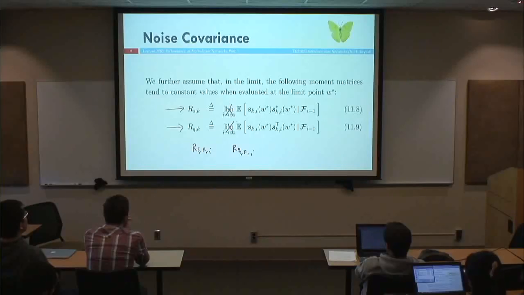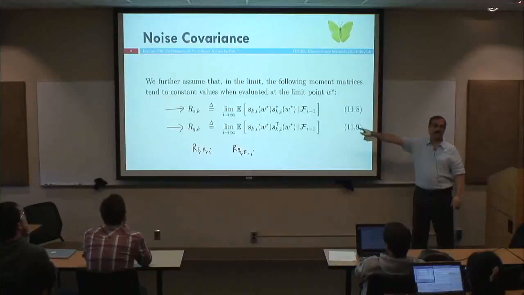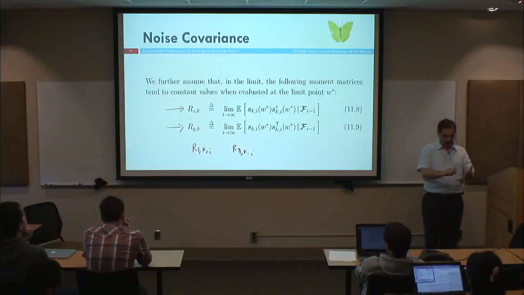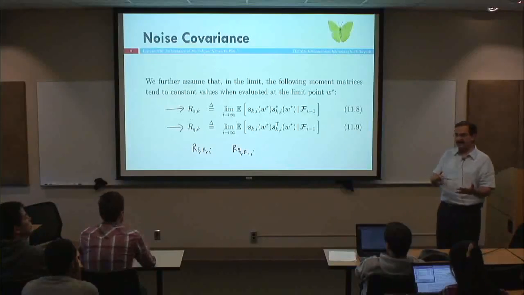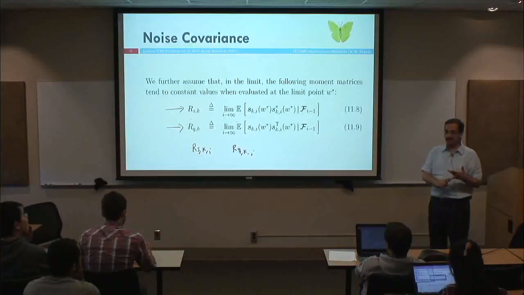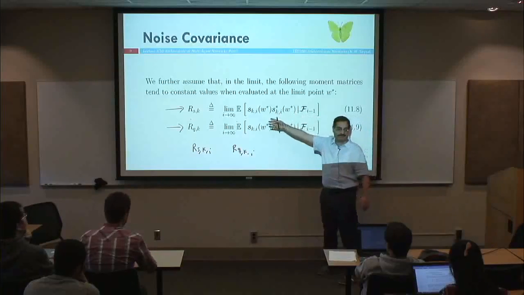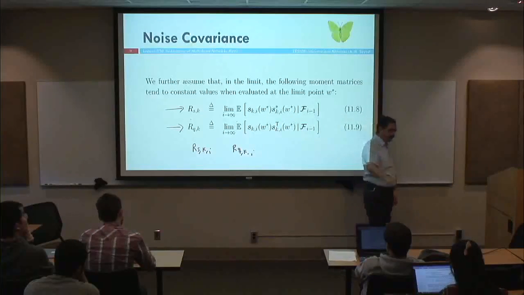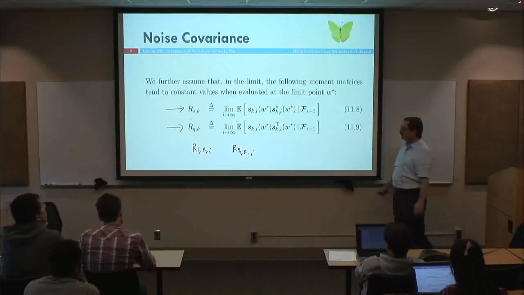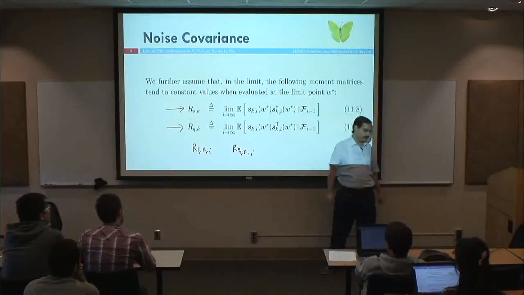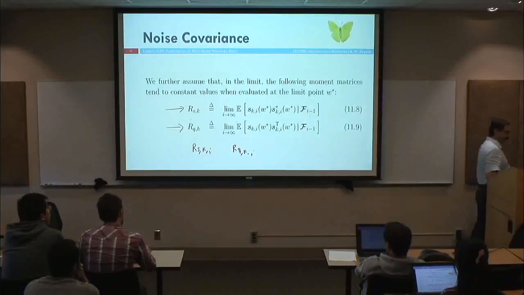When I go to the limit, I'm assuming that these limits exist, because the performance of your network will depend on these limiting values. For quadratic costs and for logistic regression, if you go back, I told you exactly what these quantities are, and I believe perhaps in one of your homework problems you also evaluate what these quantities are for logistic regression.